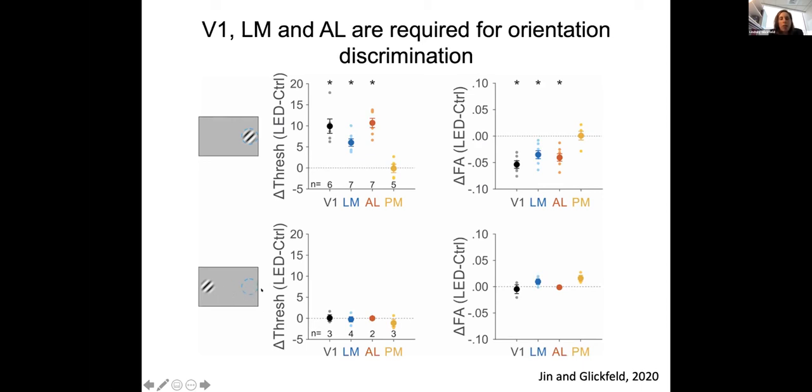That means now that the population that we're affecting is no longer the same population that should be encoding the visual stimulus. And indeed, when we do this, we no longer see any effect on the animal's threshold or any effect on the animal's false alarm rate, suggesting that these effects really seem to be due to the perception of this visual stimulus, and that we're affecting the neurons that are encoding the features that the animal is using for this behavior.